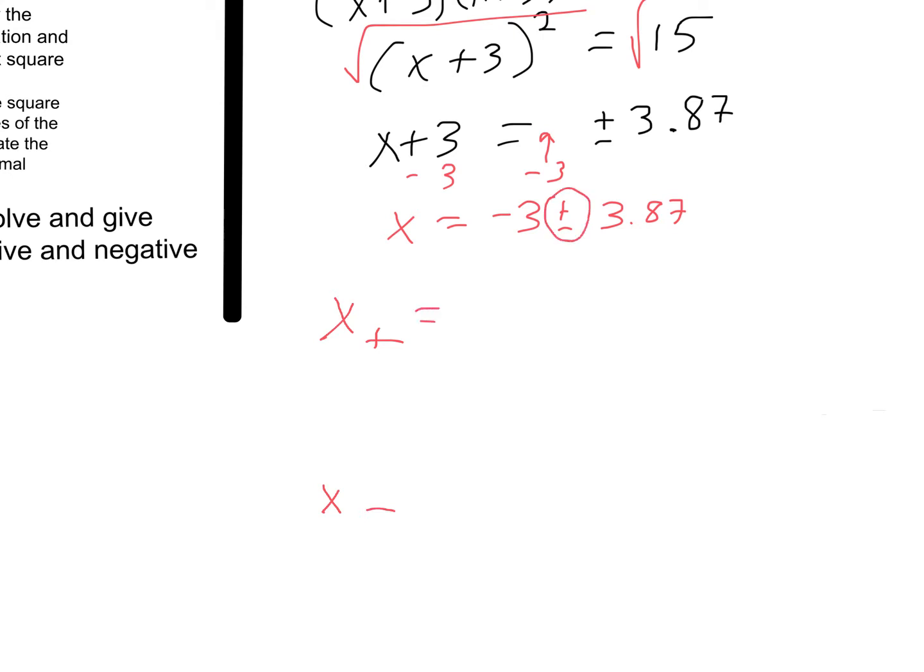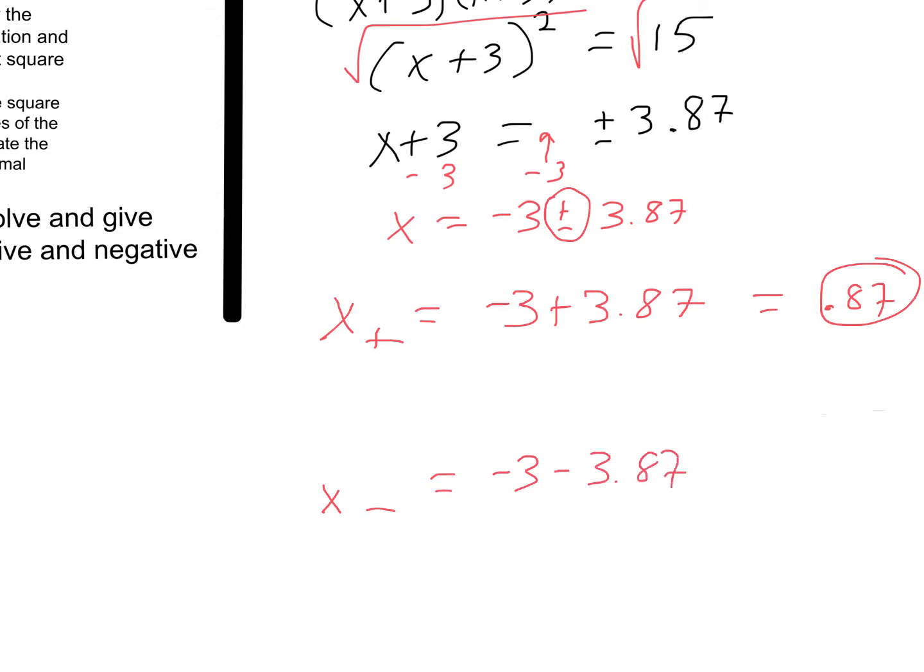The positive answer says we do negative 3 plus 3.87, which is 0.87. The negative says we do negative 3 minus 3.87, or negative 6.87. And there is your solution. These are your 2 solutions to this quadratic equation.